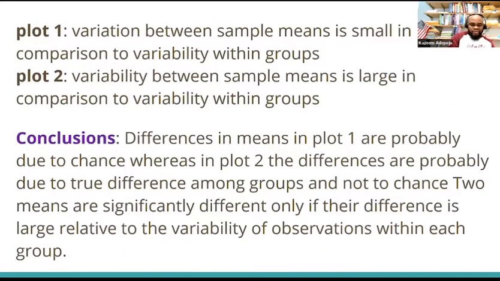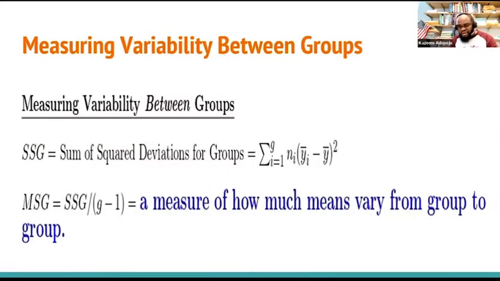Now I want you to pay attention to this, because in the analysis of variance, like I said, we actually measure variability, and that's why it is called analysis of variance. There are two types of variability that we are going to focus on in one-way analysis of variance.